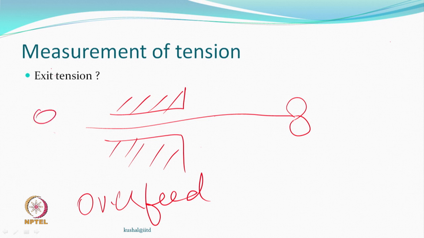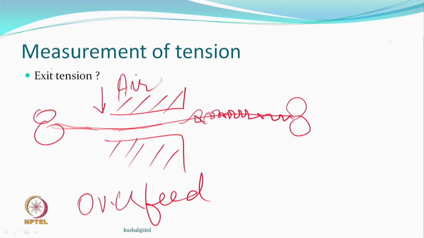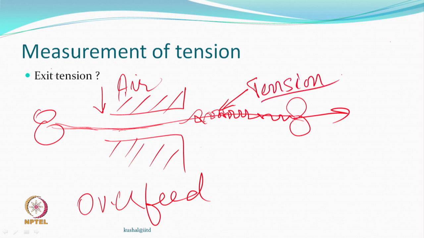This overfeed has been consumed because of the interaction with the compressed air, and the yarn, which was a parallel bundle of multifilament yarn, is now an entangled textured yarn and goes out. So, you measure the tension here. Will the tension be 0 because of the overfeed? No, because the overfeed has been consumed. So, there is a tension.